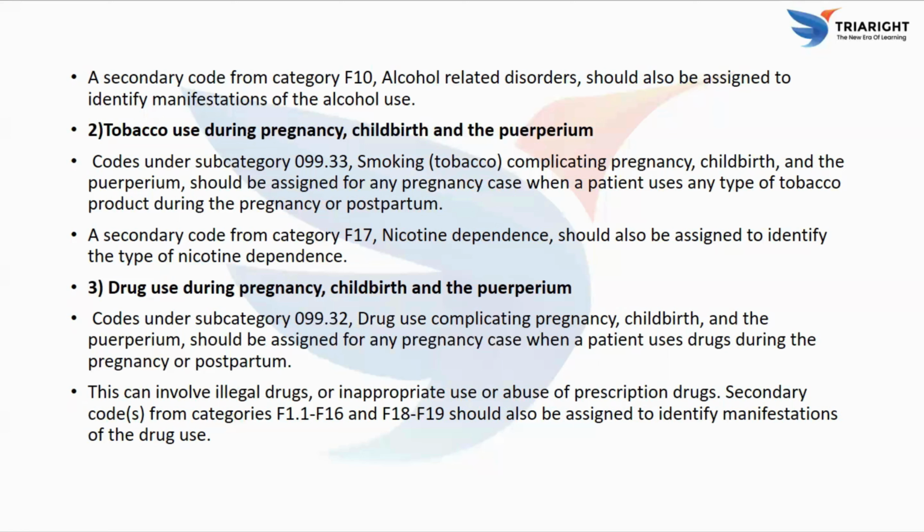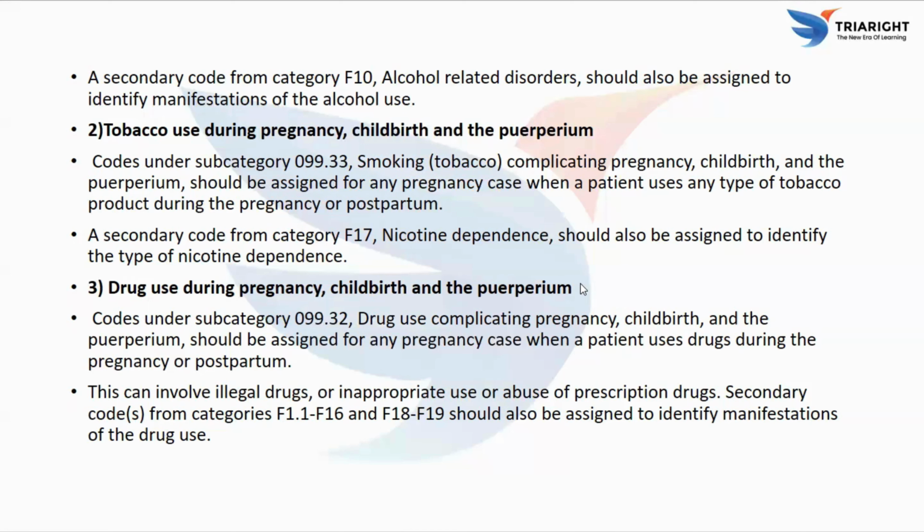F11 is for opioids, F12 is for cannabis, F14 is for cocaine, and F19 is for multiple drugs, etc. Drug use can cause withdrawal symptoms in newborns, birth defects, stillbirth, and also pregnancy complications. So O99 codes show substance use during the pregnancy, and F codes show what substance was used. Both codes are needed because they describe the effect on the pregnancy and the specific substance involved.